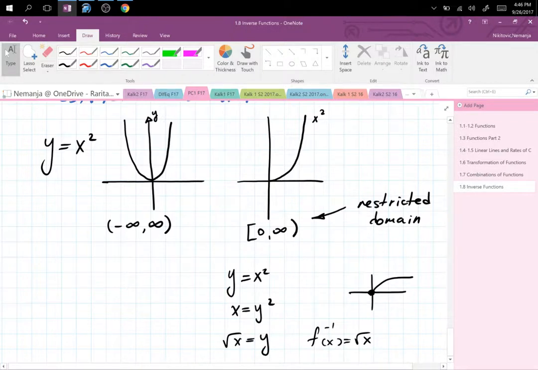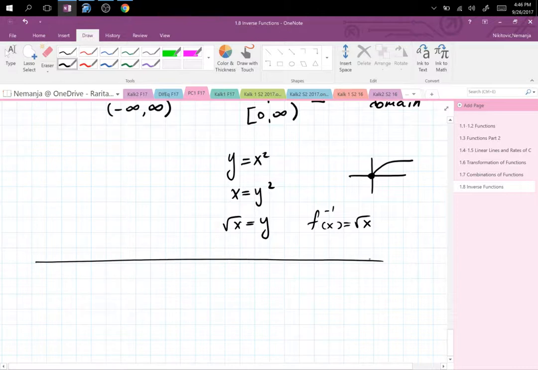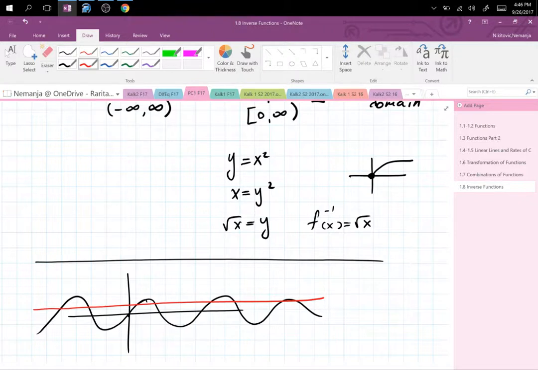When you are looking for inverse functions for trig, sine and cosine, remember that the sine was a wave that infinitely does this. Do you see how miserably this fails horizontal line test? Horizontal line test fails infinitely many times on this function, which means that its inverse will fail vertical line test infinitely many times.